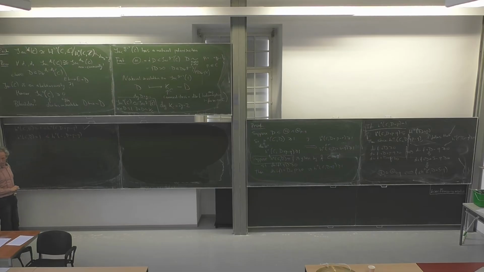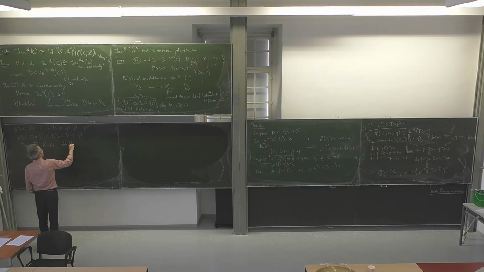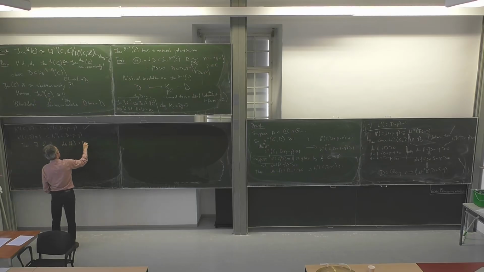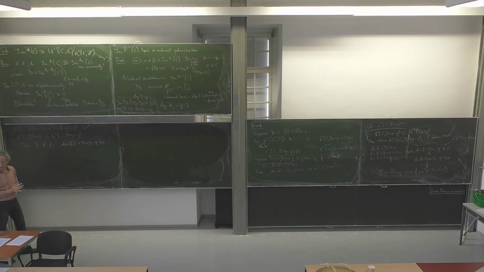Okay? Then there exist two different functions, f1, f2, such that the divisor of fi plus d plus p minus q is positive, right? That's what it means that I have at least two sections.